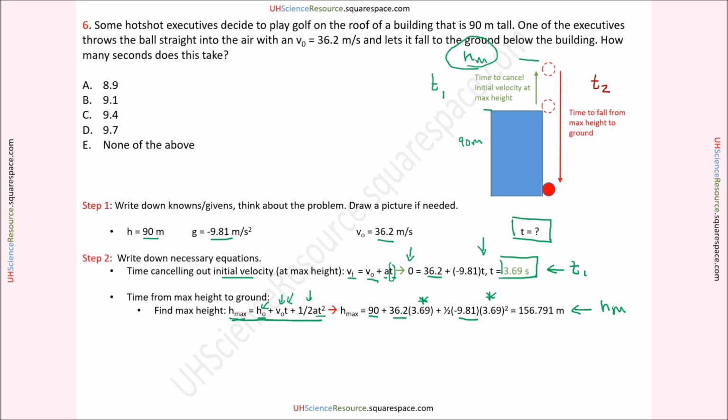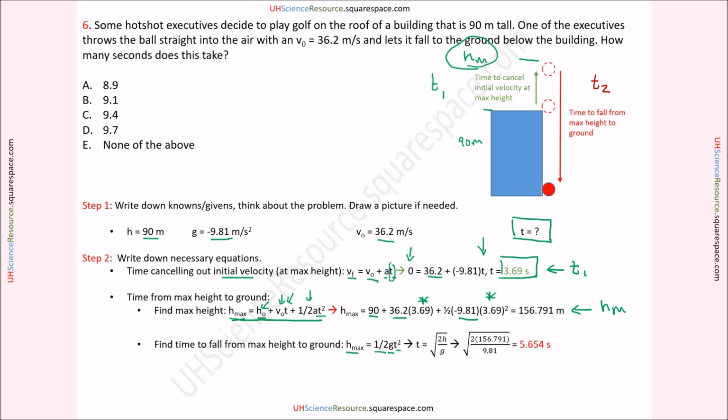Now that we have the maximum height, we can figure out how long it took to fall from that height to the ground below. And we know that the equation that we can use is that the maximum height, or just height in general, is equal to 1/2 times gravity times the amount of time squared.